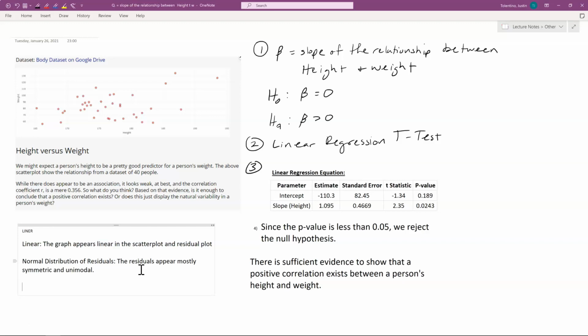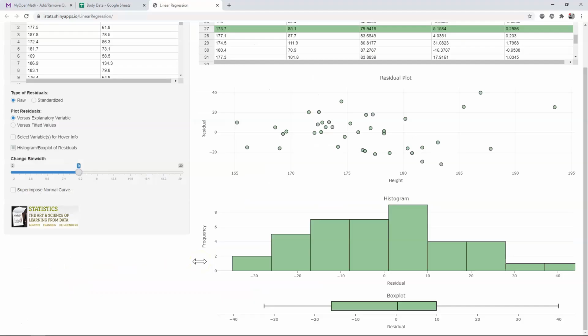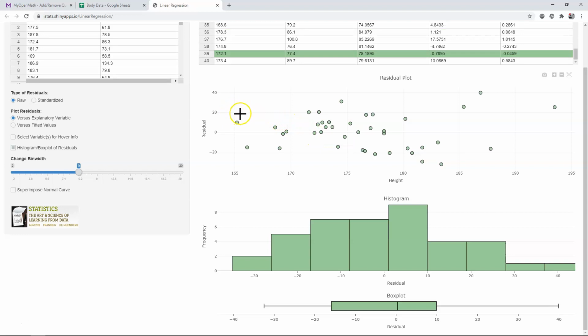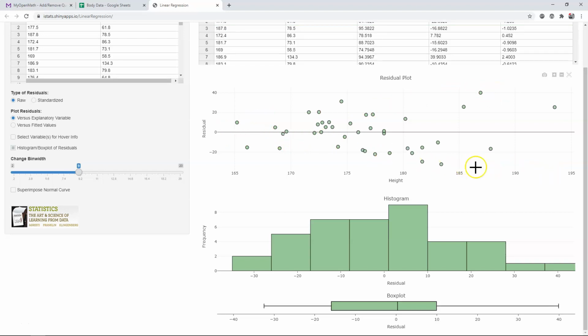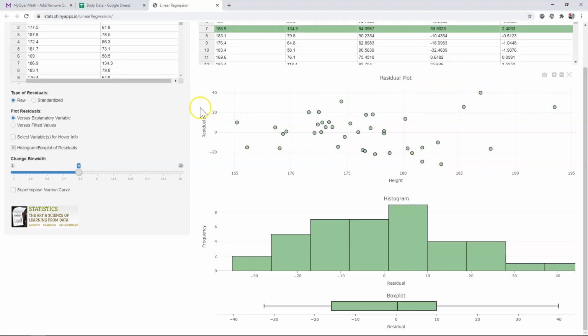Next, we have E, equal variances. What this one is telling us is that the spread of our residuals should be even throughout, so we shouldn't see any thickening or thinning of our residual plot. Now here, it does look like it thins out or thickens out a little bit. It's not super obvious, so I'm not going to be as concerned, but that may affect the results. So there is a slight thickening.